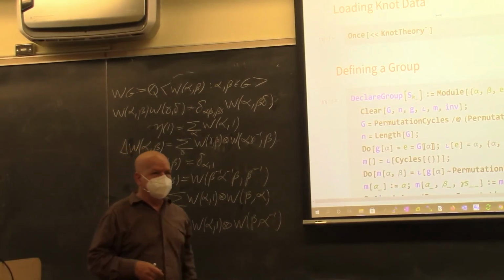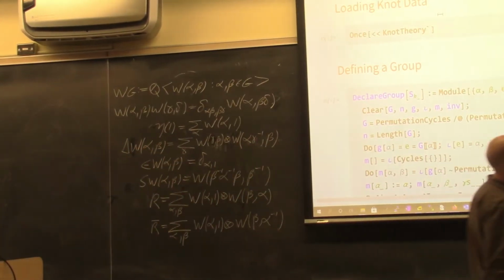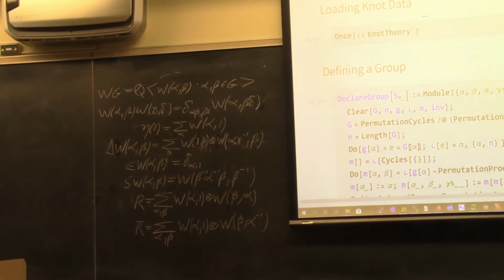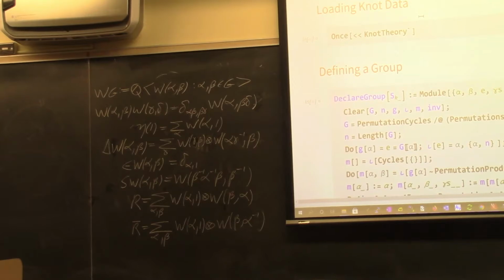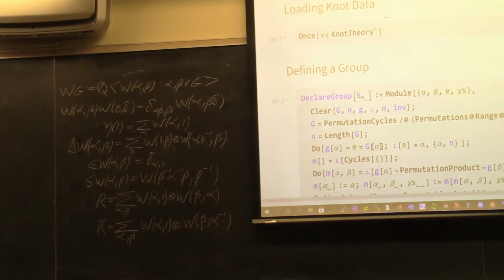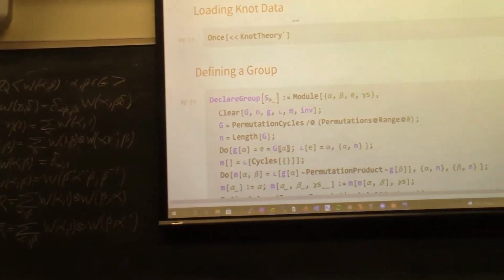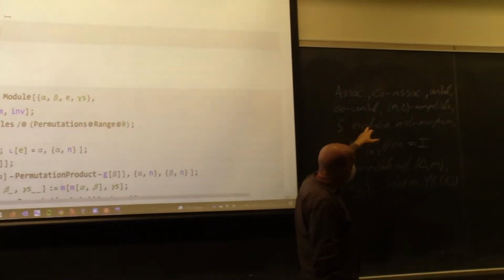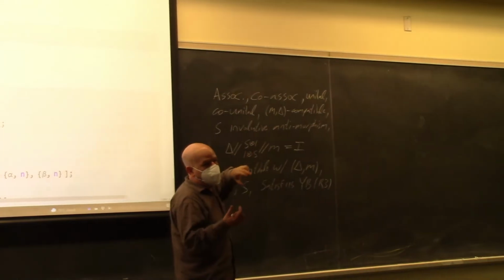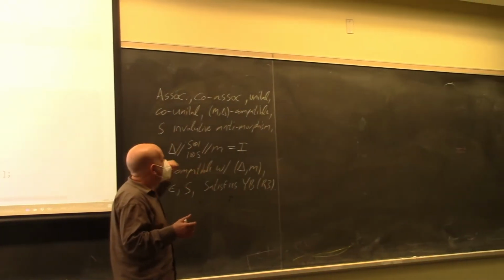And this algebra should satisfy lots of axioms, and I think this is a summary version. It doesn't even include everything, but associativity, co-associativity, it should be unital, so it should have a unit and a co-unit. The product and the co-product should be appropriately compatible.